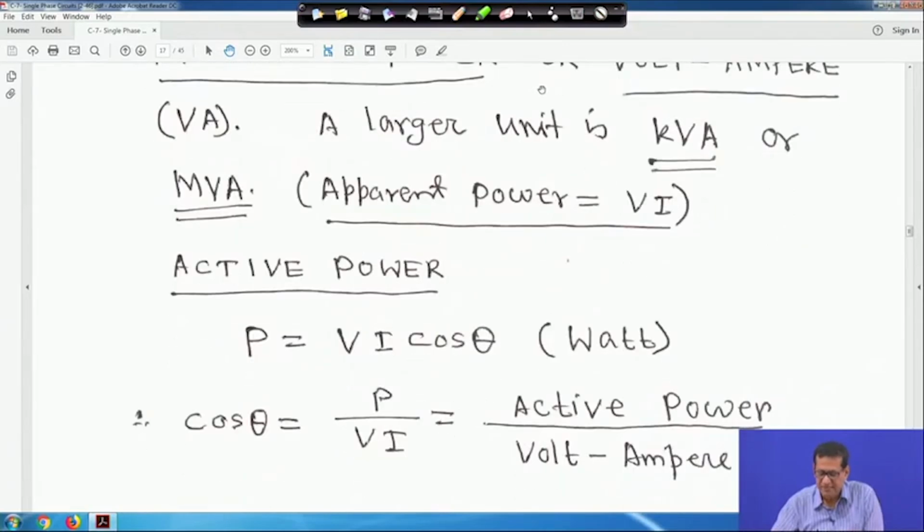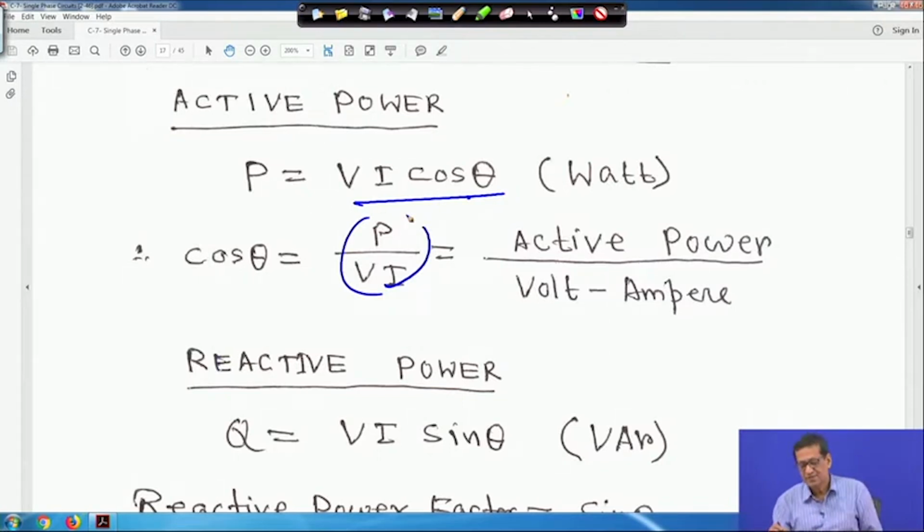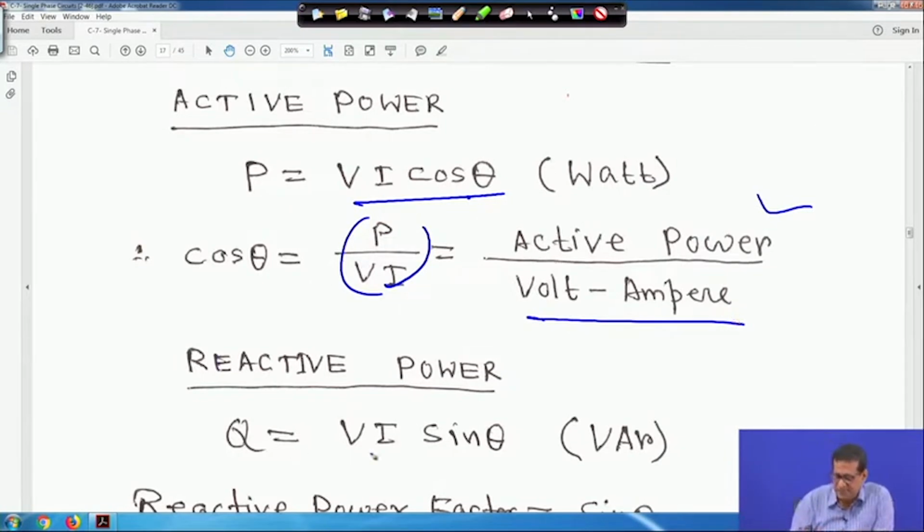Now active power, we have seen that it is VI cos theta. That means cos theta is equal to P upon VI, the active power divided by the volt ampere. Reactive power Q is equal to VI sin theta, and we call its unit VAR: V for volt, capital A and small r stand for ampere, but in short we call it VAR, just to differentiate.